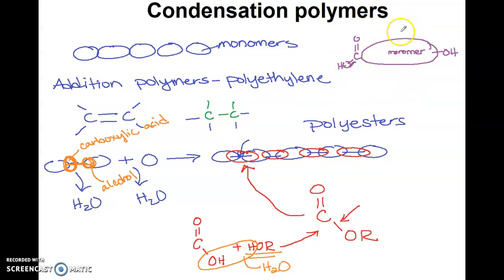Which leads us to an interesting question: how do we get a monomer like that? The book does a good job of explaining that we would need a diol, a molecule that has a hydroxyl group at either end, and we could react it with a diacid, one that has a carboxylic acid group at both ends.